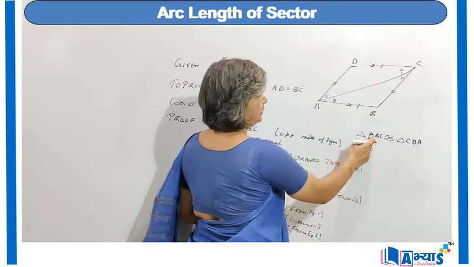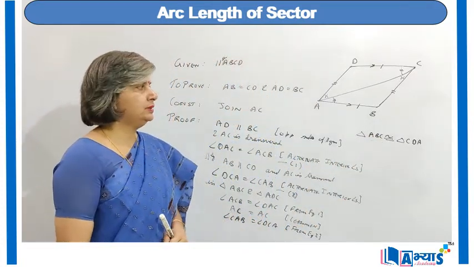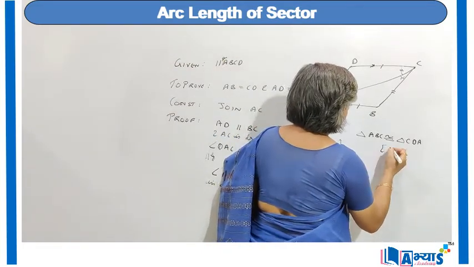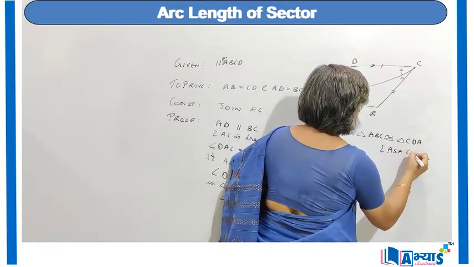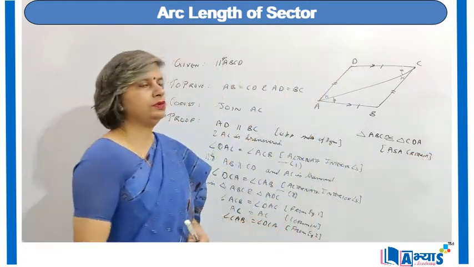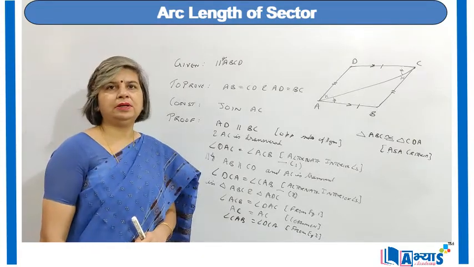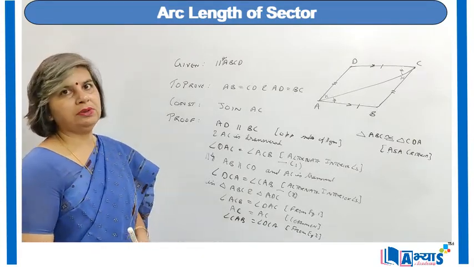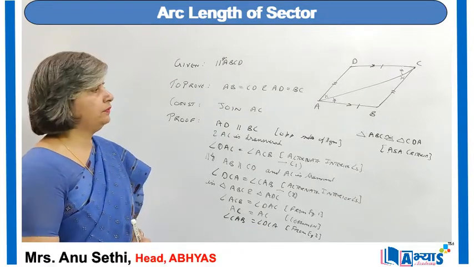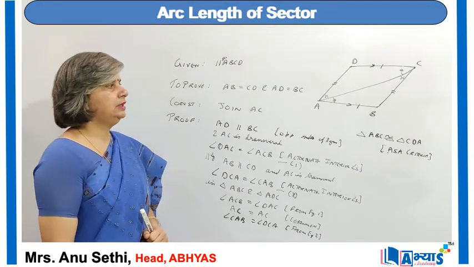So triangle ACB is congruent to triangle CDA using ASA criteria of congruence, because two angles and the side included between them are equal to the corresponding two angles and the side of the other triangle.